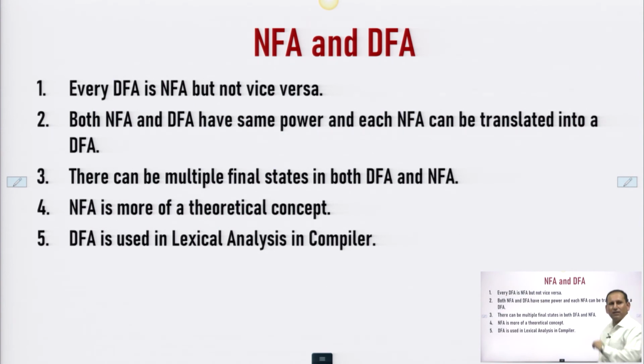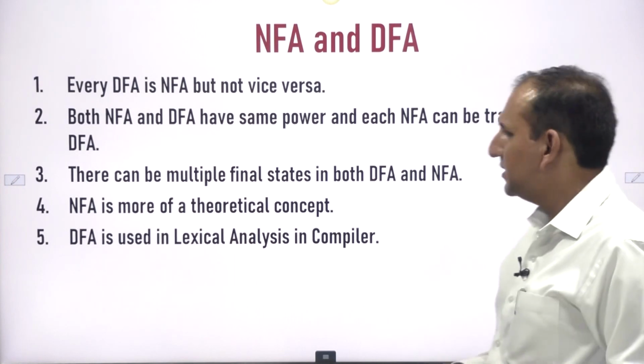Now, in this slide, I have tried to highlight the characteristics of non-deterministic finite automata and deterministic finite automata, right. So, basically this slide is a summary of what we have studied in the previous slides.